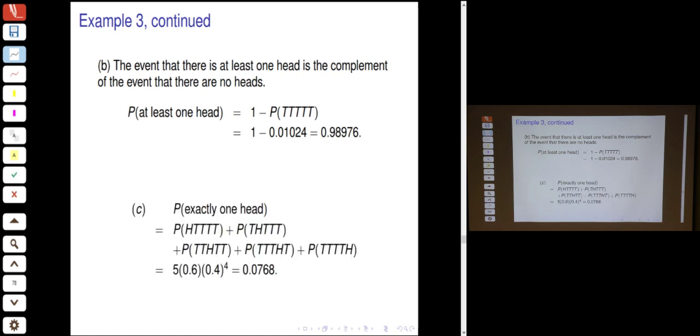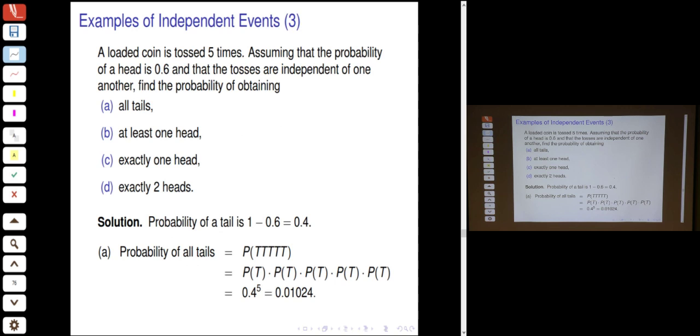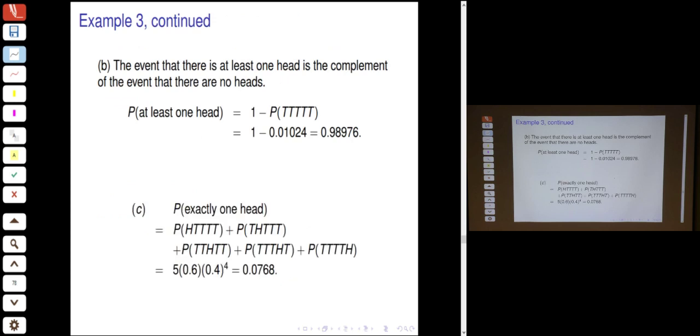Now, the third part C says we want to calculate the probability of exactly one head. So exactly one head, we have 5 tosses. So these are the 5 possibilities. Now if you calculate, you have 5 times, since the probabilities are all the same. To get a head, you have 0.6 chance.